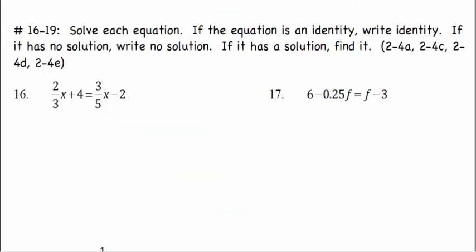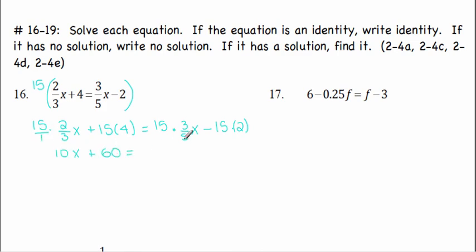Example number 16, let's solve this. I'm going to go ahead and multiply by my common denominator, which is going to be 15. Now I'm going to go ahead and move my variables to one side, and I'm going to move them to the left.